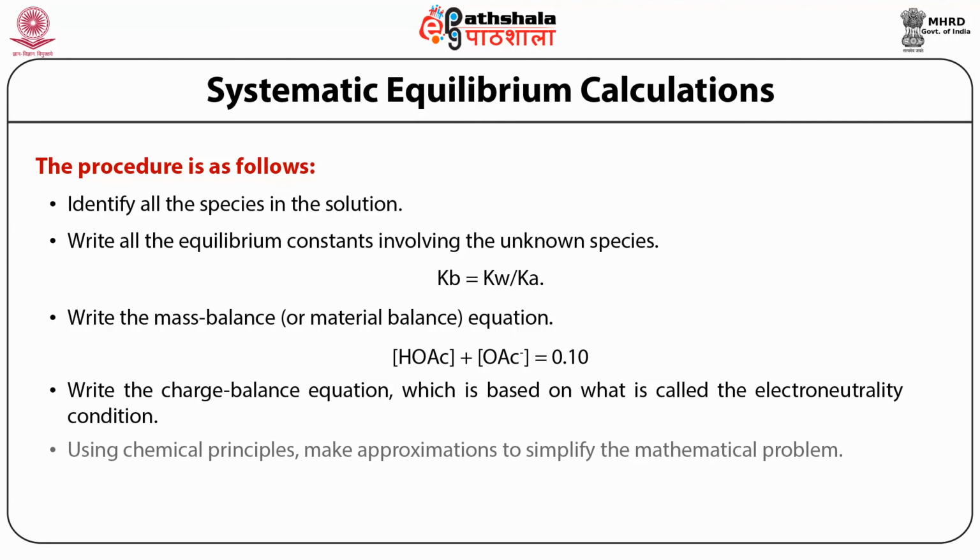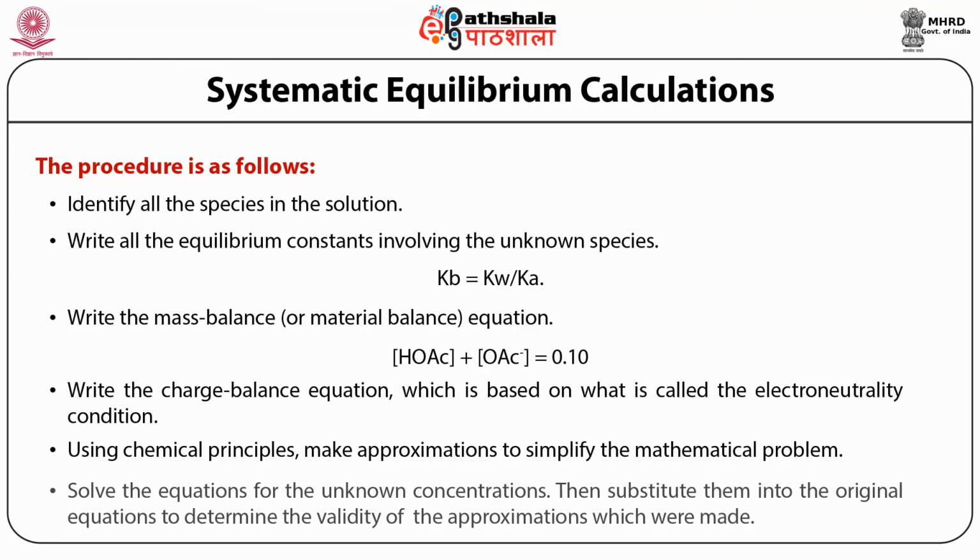Then, using chemical principles, make approximations to simplify the mathematical problem, and finally solve the equations for the unknown concentration. Then substitute them into the original equations to determine the validity of the approximations which were made.